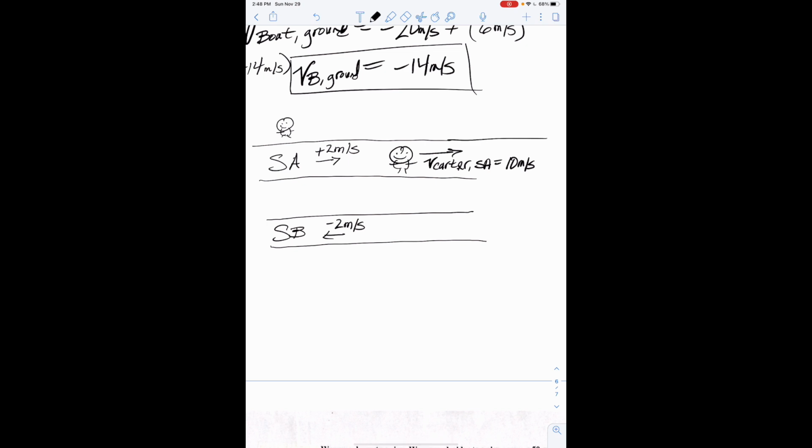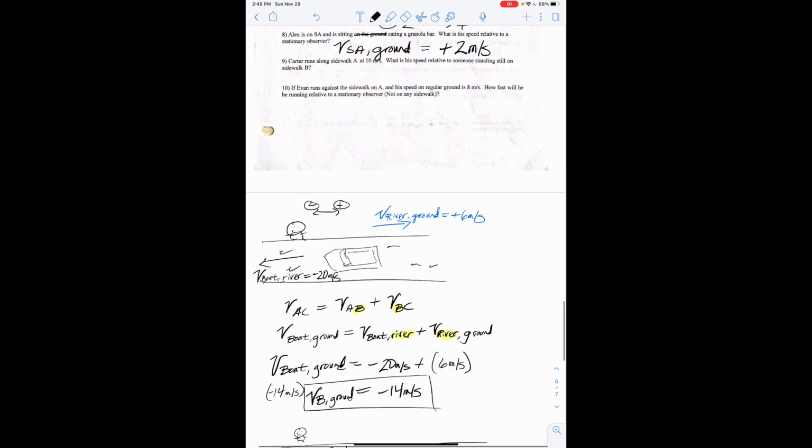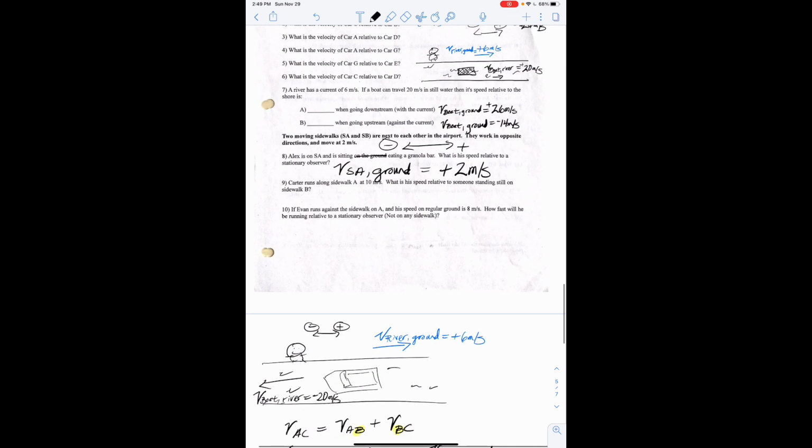So we see Carter running at 10 meters per second on the sidewalk, and we are standing there on the ground. Then Carter is going to be moving at what speed relative to the ground? Well, we have the positive 10 plus the 2 of the sidewalk, right? So we would see Carter moving even faster. The velocity of Carter relative to the ground is going to equal positive 12.